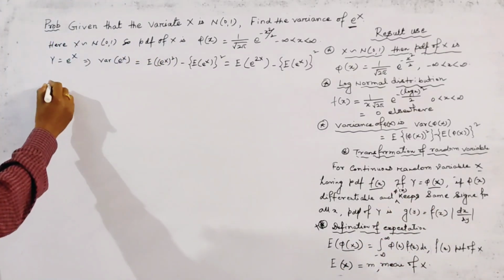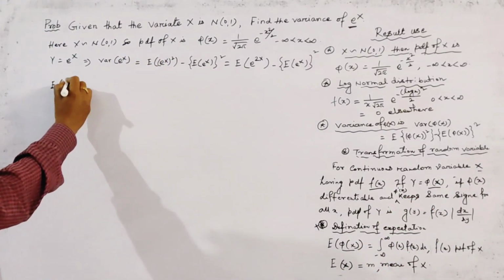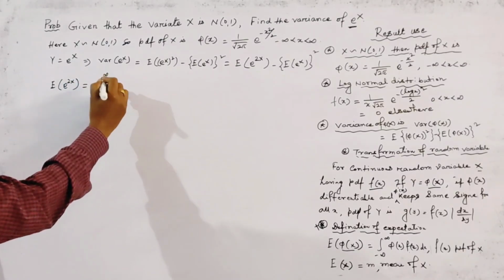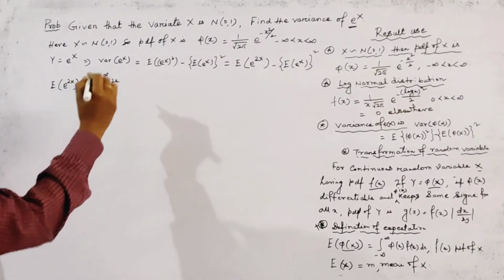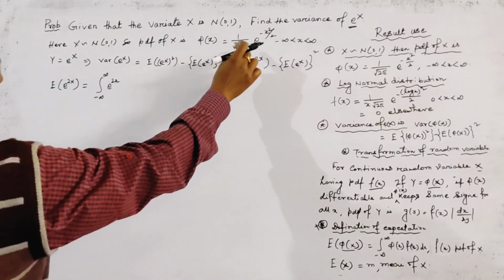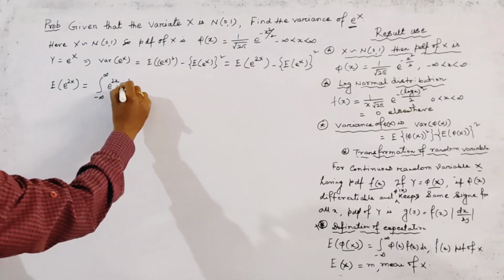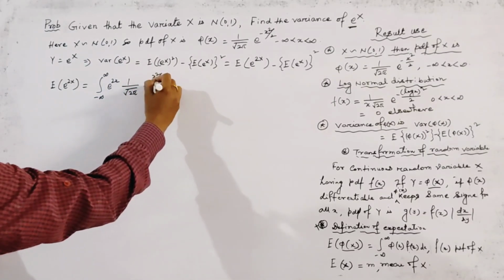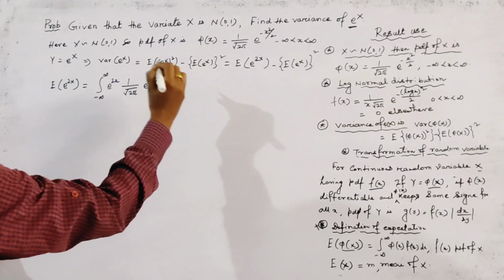Now expectation e to the power 2x is the integration from minus infinity to infinity of e to the power 2x, and here fx means phi of x, so we write 1 by root 2 pi e to the power minus x square by 2 dx.